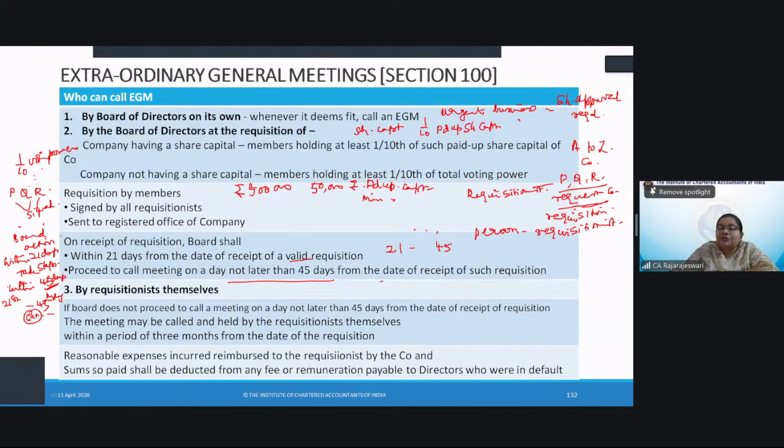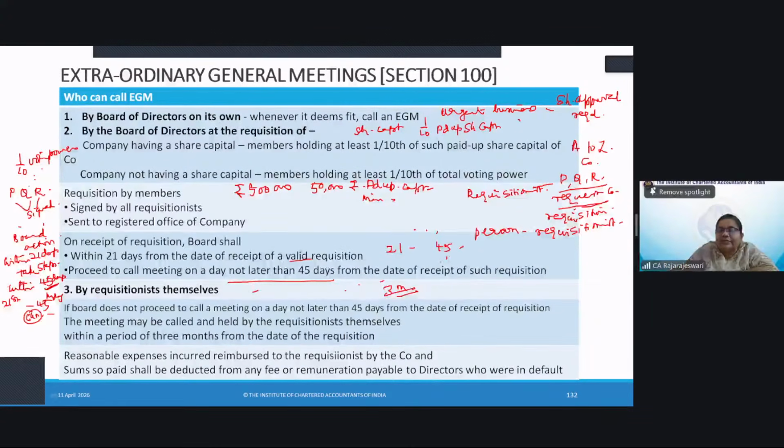If the board has violated and has not called an EGM on a valid requisition, then the requisitionists themselves can call it, but within 3 months from the date of requisition. So from the 46th day to 90 days. 30, 60, 90, so 3 months.